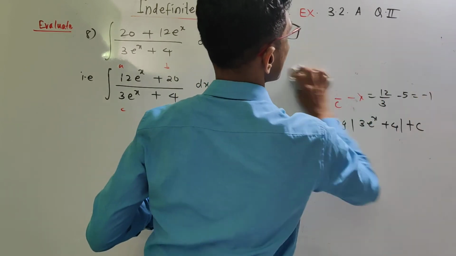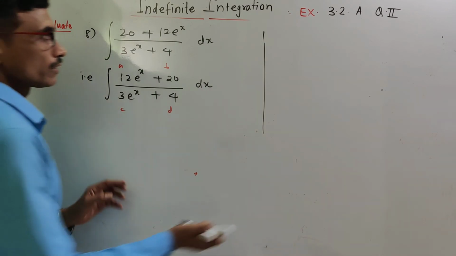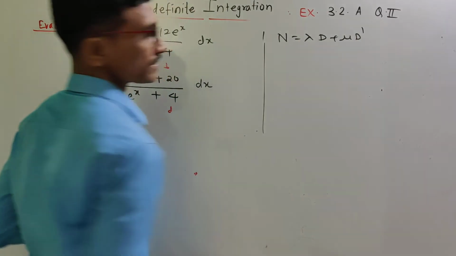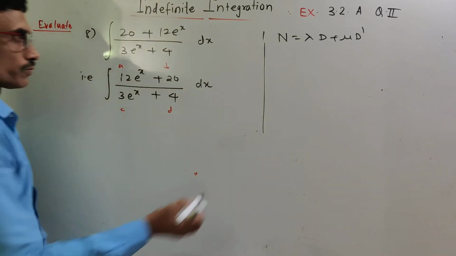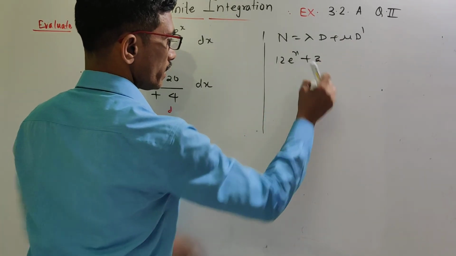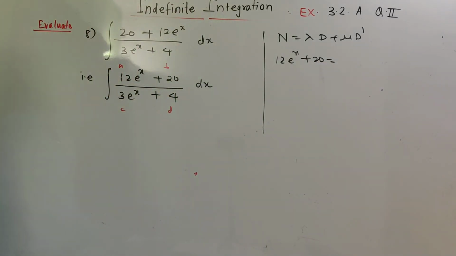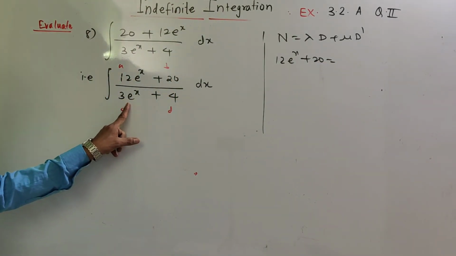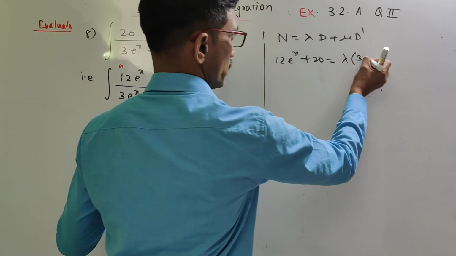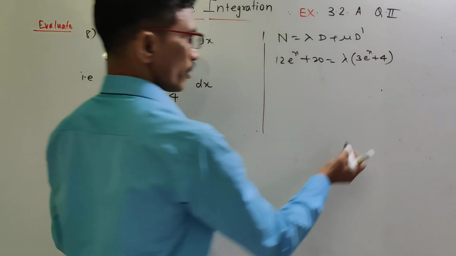How will we find lambda and mu by the method? See, the numerator we will write as lambda d plus mu d dash. The numerator is 12 e raised to power x plus 20, and that is equal to lambda d, where the denominator is 3 e raised to power x plus 4, plus mu into the derivative of the denominator.